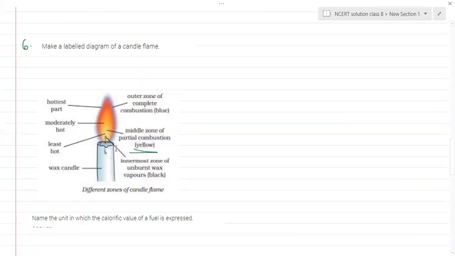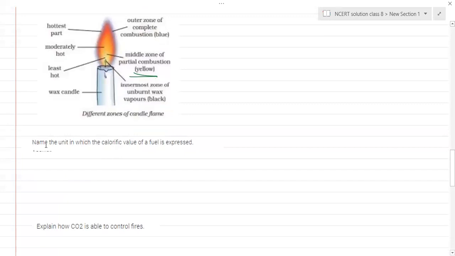Okay. Coming to the seventh question. Name the units in which the calorific value of a fuel is expressed. Now, see, calorific value can be defined as the heat produced when 1 kilogram or 1 gram of fuel is burned in presence of oxygen, right?